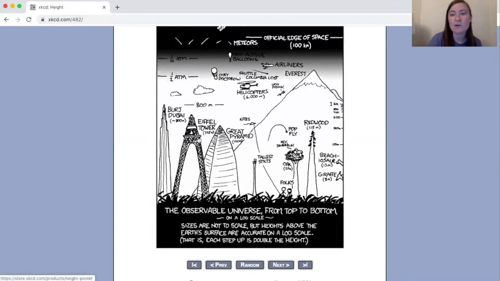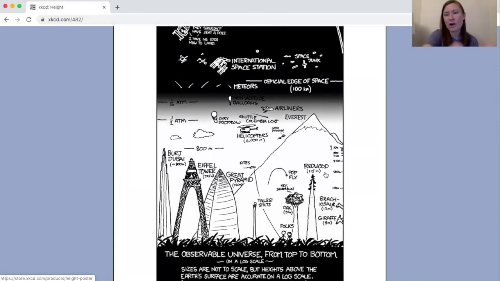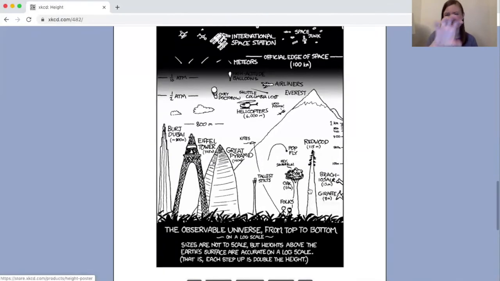So we can see roughly on the log scale the height of humans and the pyramids and the Eiffel Tower and Mount Everest, and all of this, because we're on a log scale, is getting kind of compressed together, right? If we were measuring on an actual linear scale, Mount Everest is a lot taller than the Eiffel Tower. It looks here like Mount Everest is about twice as tall as the Eiffel Tower, which isn't true, right? This is because this is being measured on a log scale.